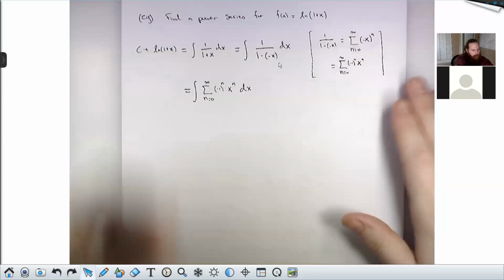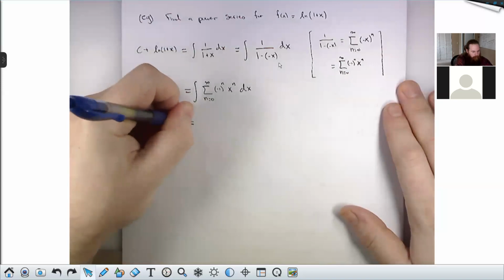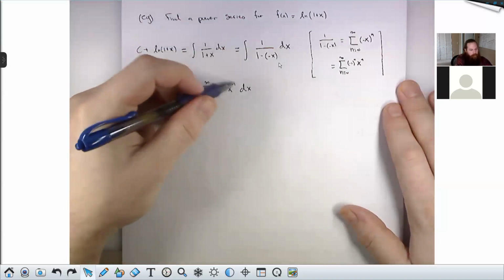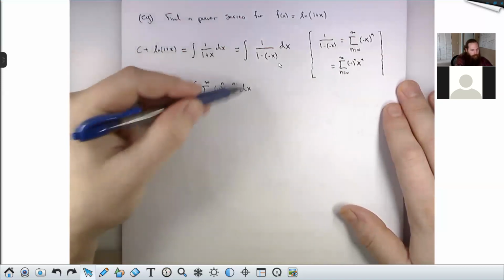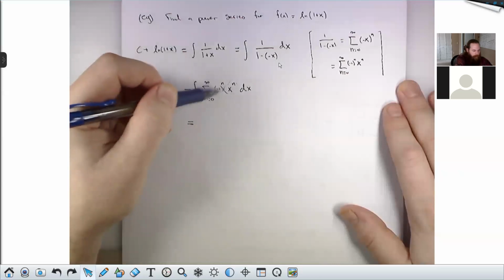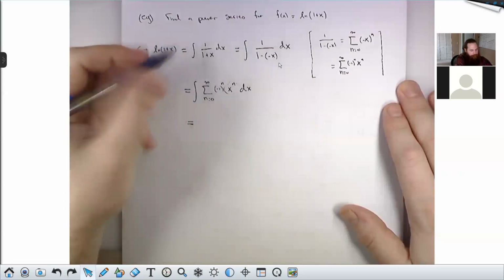But if you just remember that you can integrate term by term, the only piece here that has an x is this guy. So the integral, which is being done dx, doesn't care about sigma, doesn't care about n's, doesn't care about negative 1. He just cares about this piece.